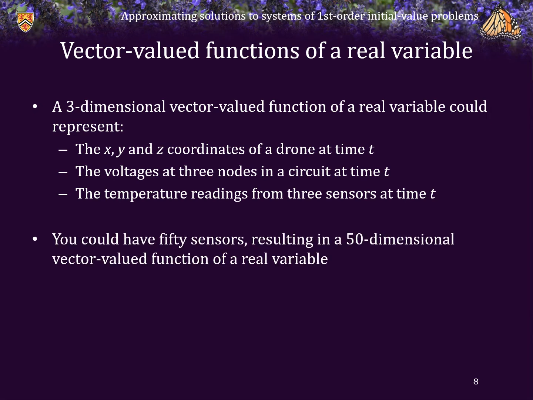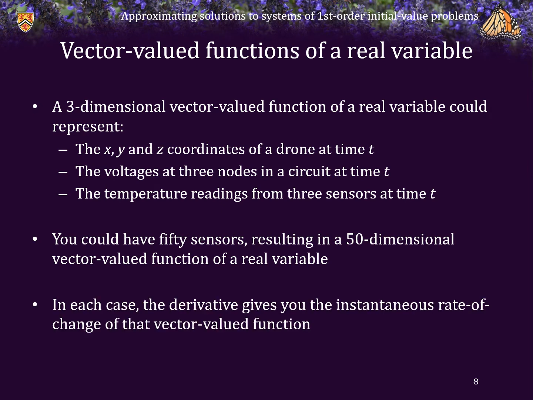You could, of course, have 50 sensors or 50 drones. The first would result in a 50-dimensional vector-valued function of a real variable, whereas 50 drones would not only have a 50-dimensional, but a 150-dimensional vector-valued function of a real variable. 150 because each drone has its own x, y, and z coordinates.